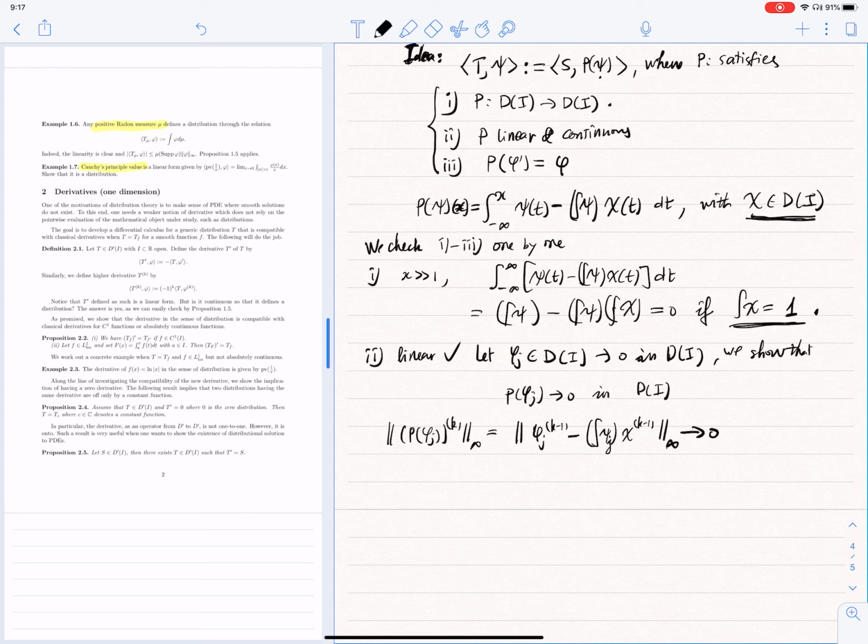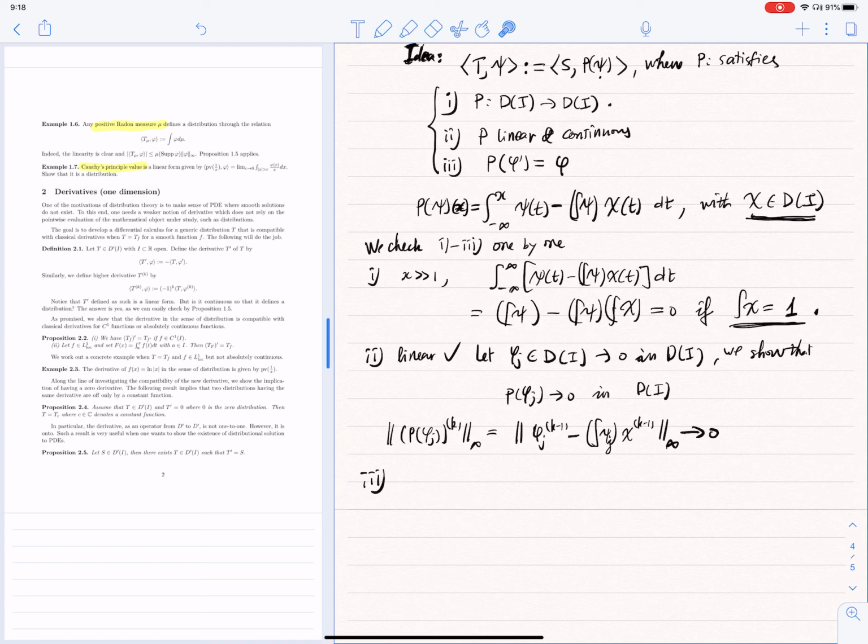So the third property is clear, because when we apply P to the derivative of a test function, we know that this function must have integral equal to 0, right? And if it has integral equal to 0, this term in here will be equal to 0, so this term actually disappears.